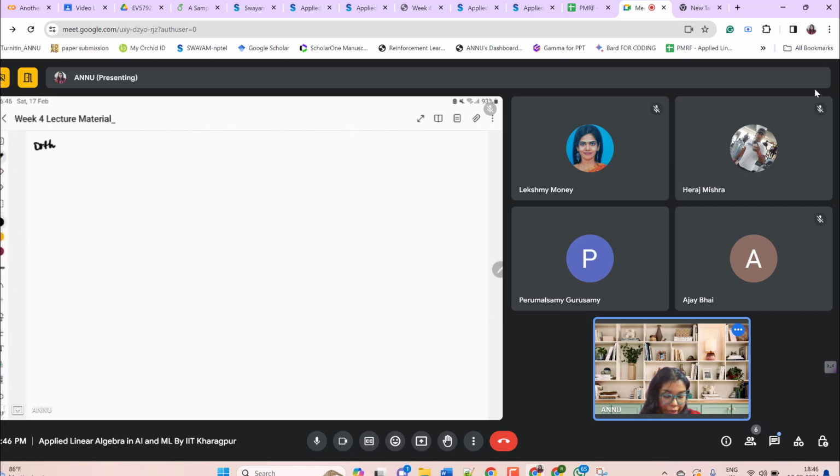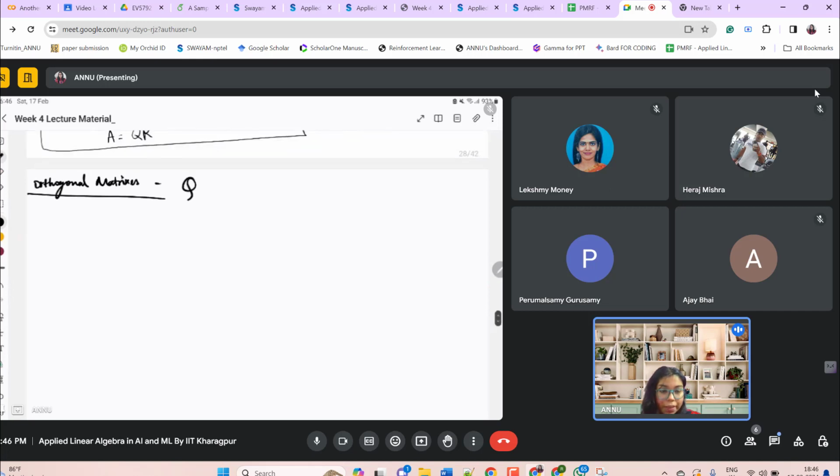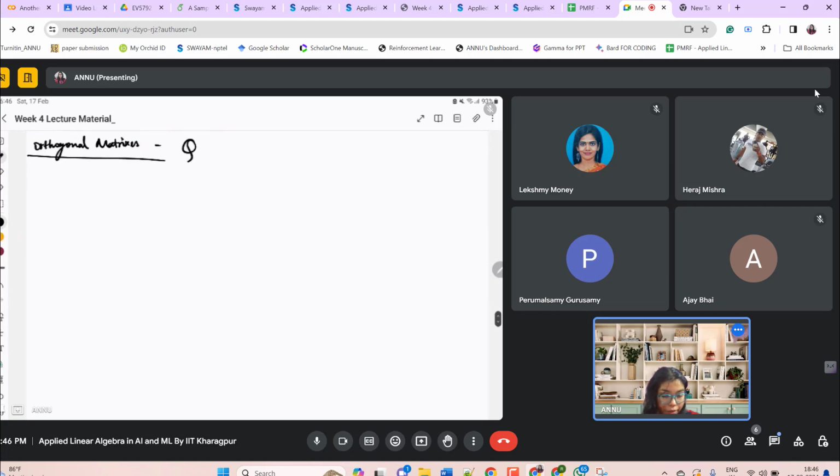Orthogonal matrices are very important, and we represent them by Q. So what does an orthogonal matrix do physically? Let's see. If you have a vector in the xy plane, this is x, this is y, and this is a vector, and you rotate it by some angle theta in the anti-clockwise direction, remember anti-clockwise.